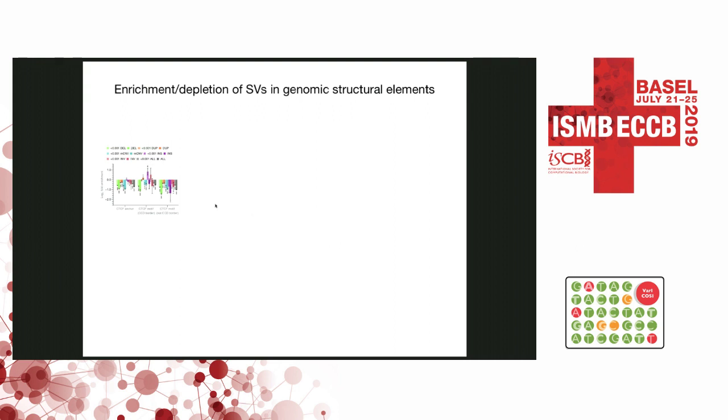Okay, so in general, we observe that CTCF anchors are depleted of SVs found in a population, which means that they are well conserved, which is what we would expect. There are some more unexpected things happening at the CCD borders, but I don't have time to expand on that. Instead, I will concentrate on something else.